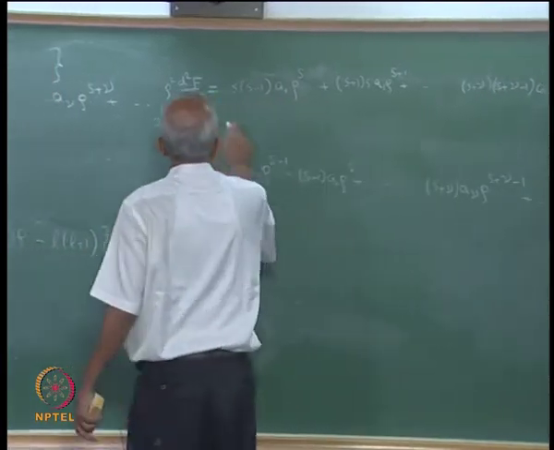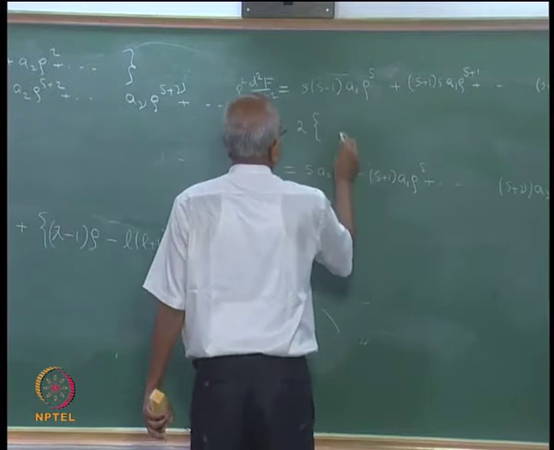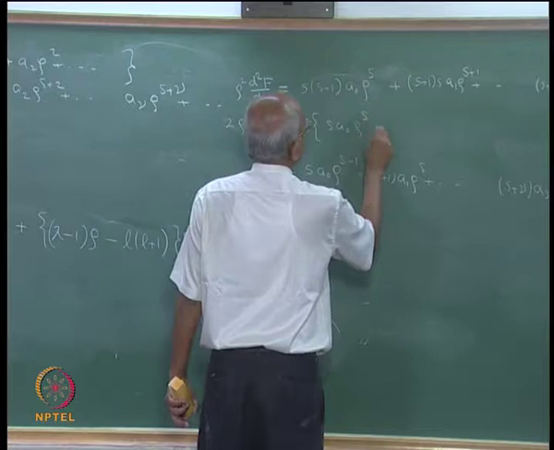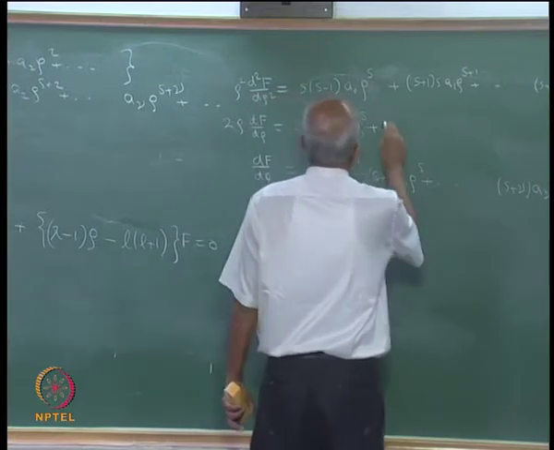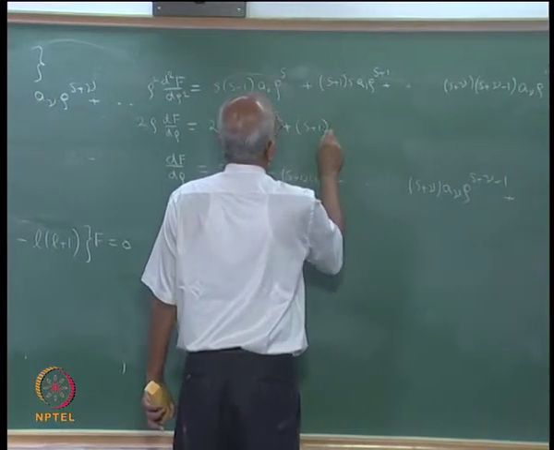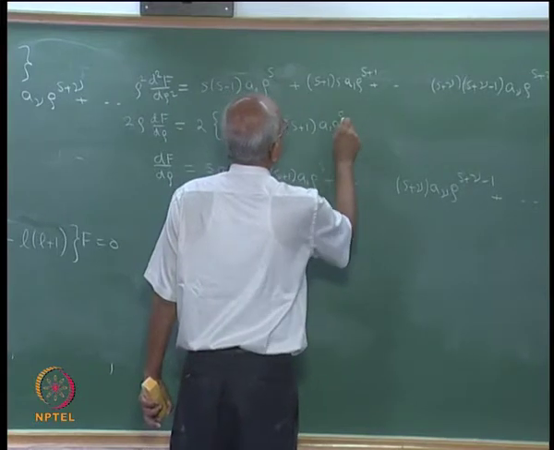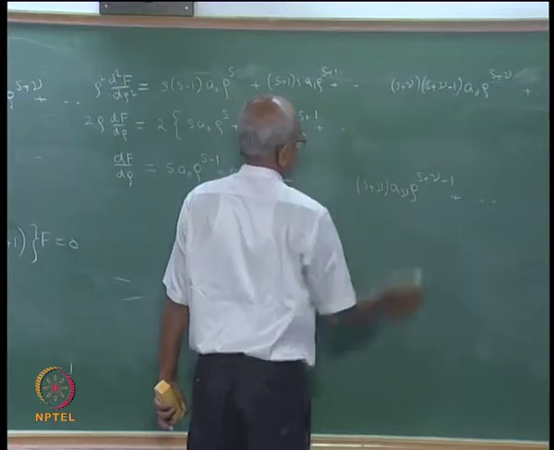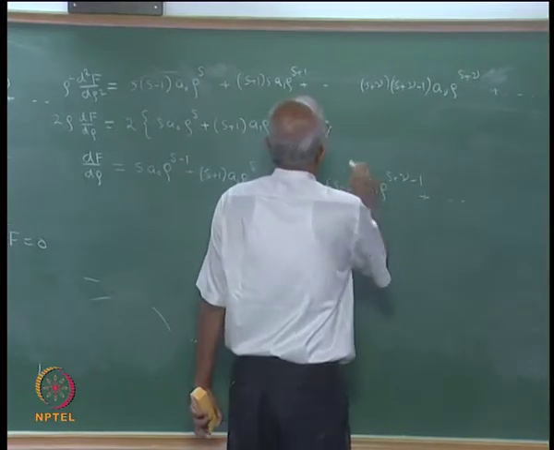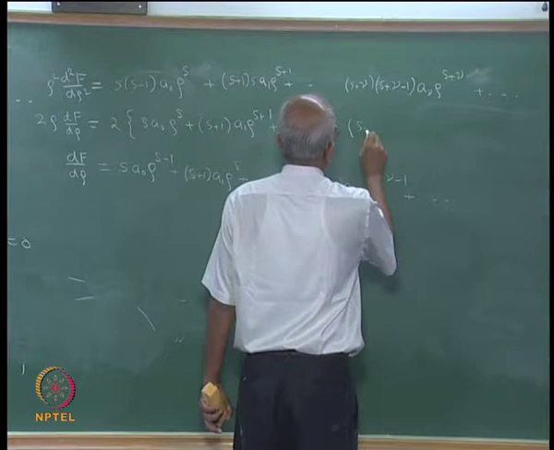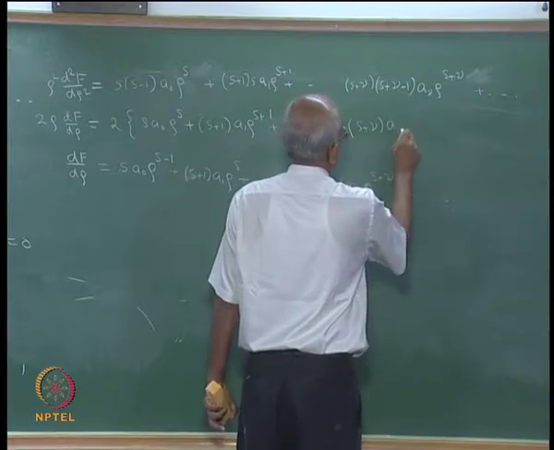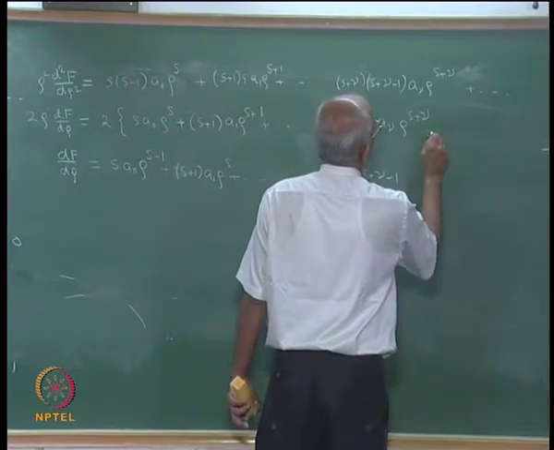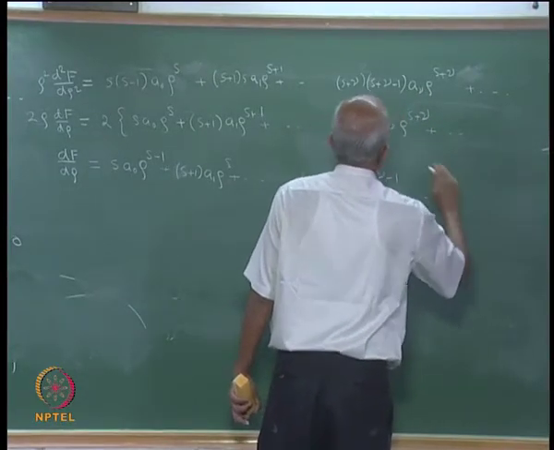So, I will leave the 2 outside and write this as s into a0 rho to the power of s plus this will give me s plus nu a nu rho to the power of s plus nu plus etc. That will be the general term.